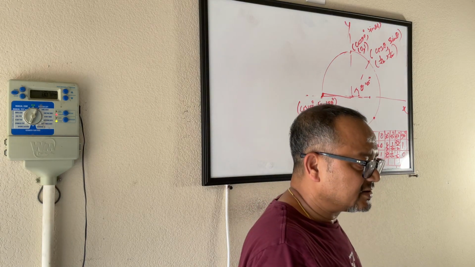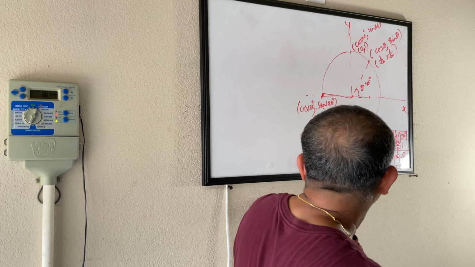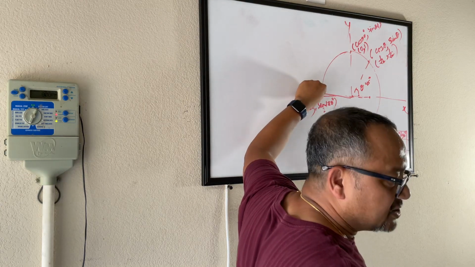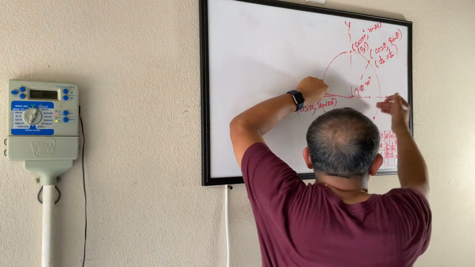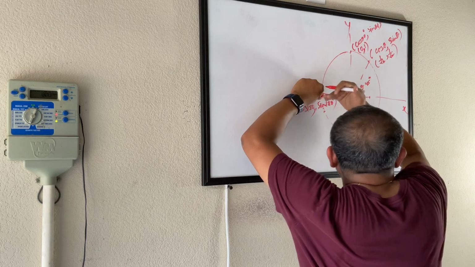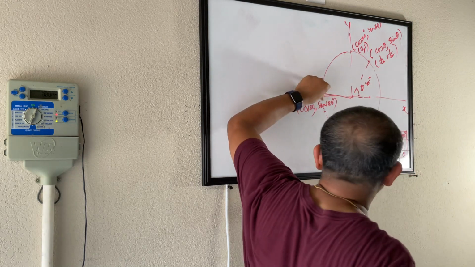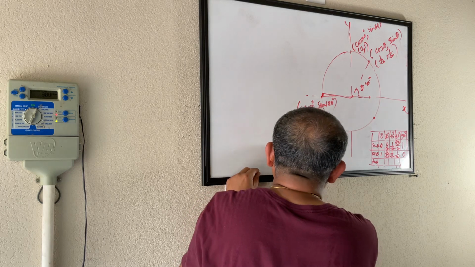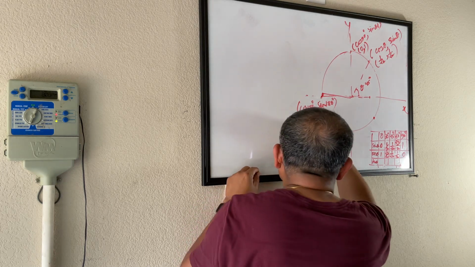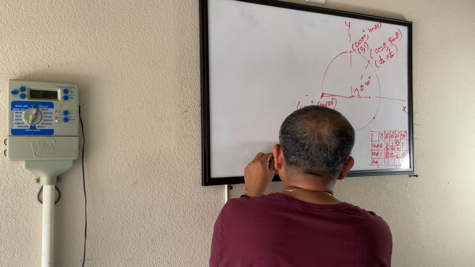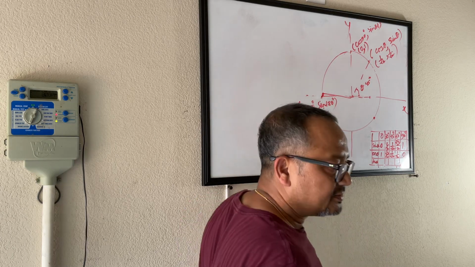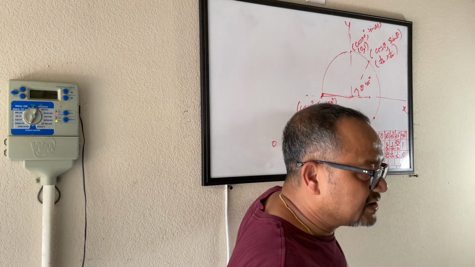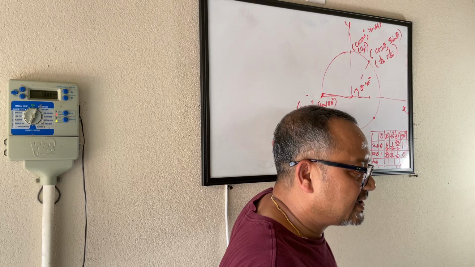Correct? You know that your y coordinate is 0 because this line has moved and hit back the horizontal line. So there is no height here. Even if you visualize this as a right angle triangle, this angle is 0, so this line is literally falling on this. So this height is 0. So sin 180 is actually 0.